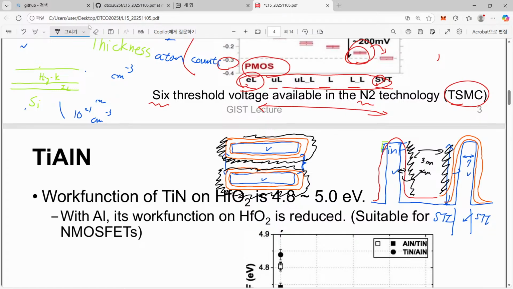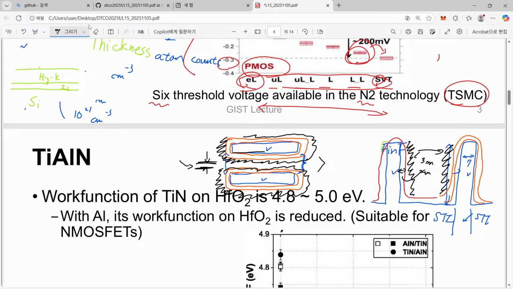Since this distance is so short, from the top side and bottom side the interfacial layer, hafnium oxide, and additional treatment, the so-called work function metal, are growing and growing. Eventually, there is almost no remaining space for introducing something. This is not the end of the story.